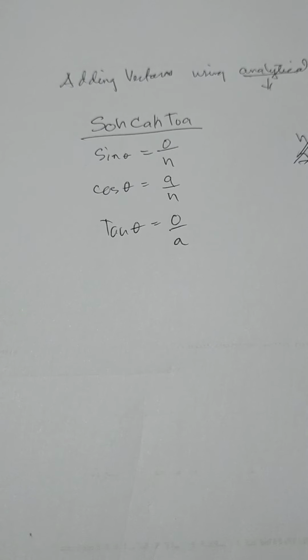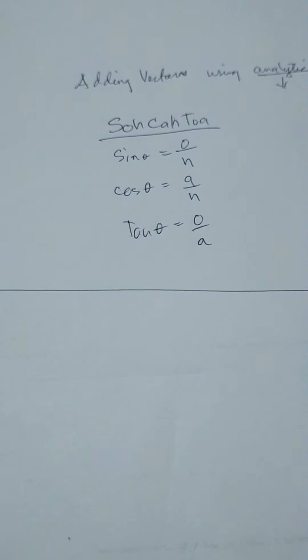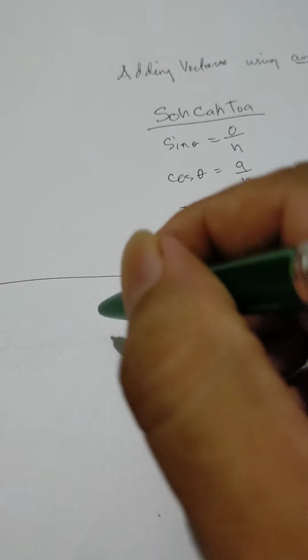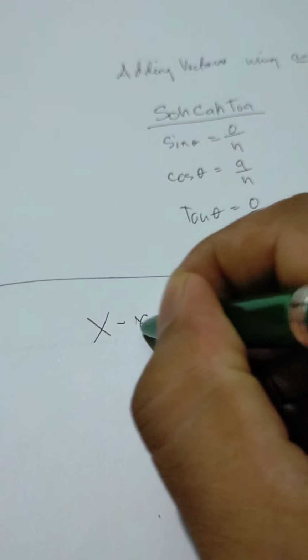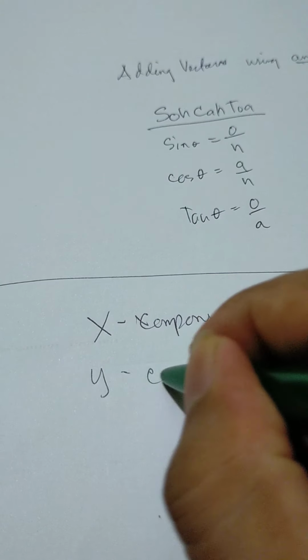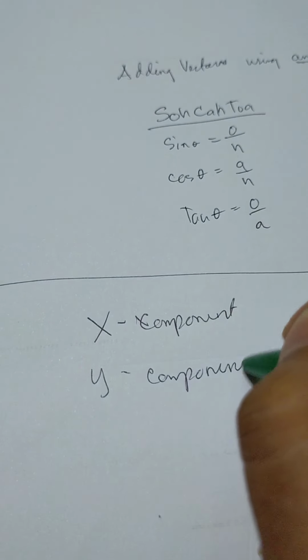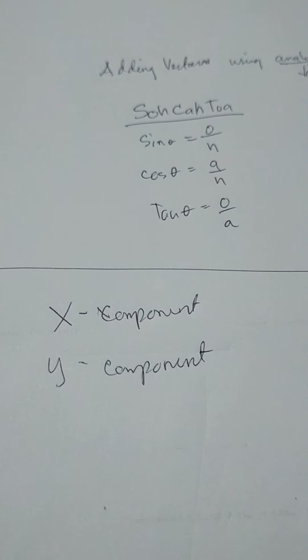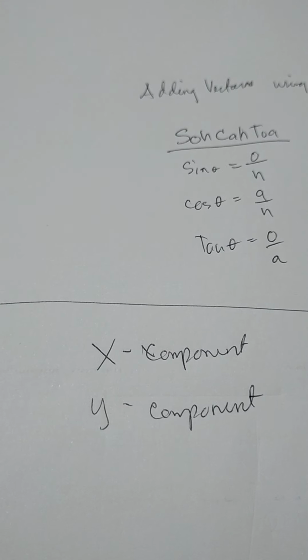Now next, in the analytical method, you have to consider the x component and the y component. Why? Because in this particular lesson, the vectors act at a specific angle.